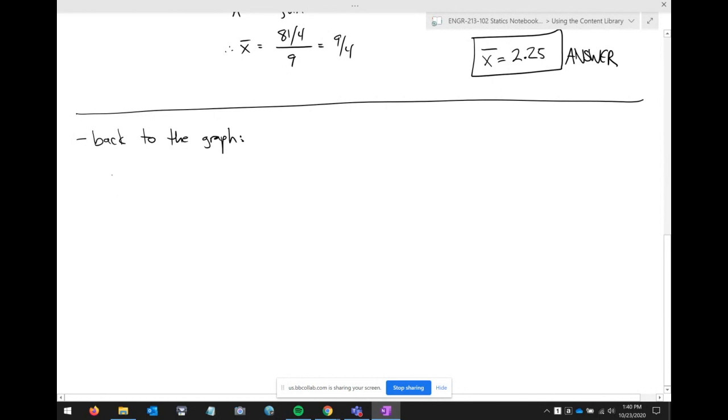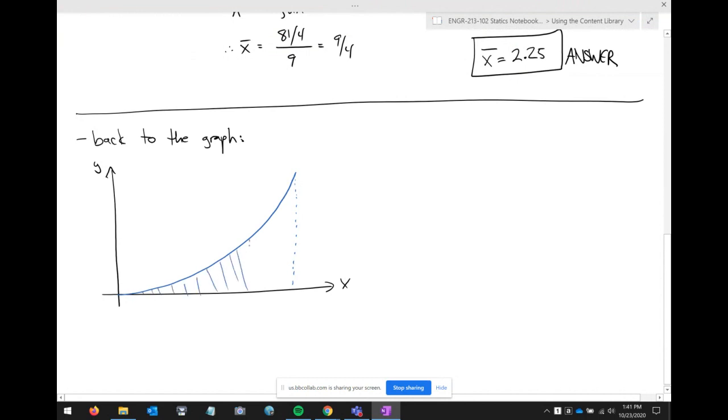So here's the shape. I'm going to draw this kind of big here. Okay, so this is the x-axis. This is the y-axis. Here's the graph. And we're trying to determine the properties of this shaded region.